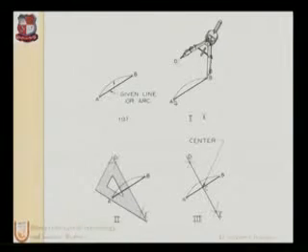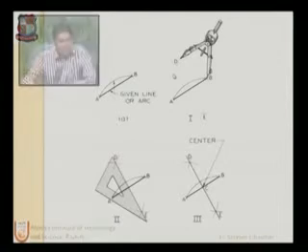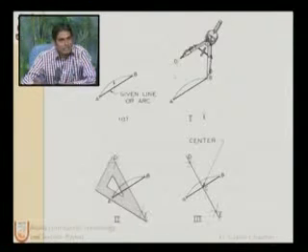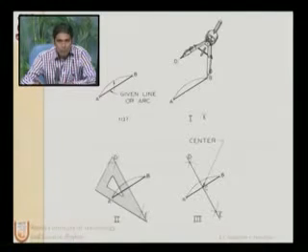First from point A, draw an arc, and from point B, intersect that arc to get the point D. Here we have to take care that whatever radius we take should be more than AB divided by 2, just more than half of the length of AB.